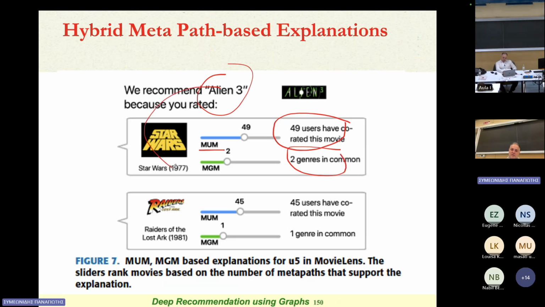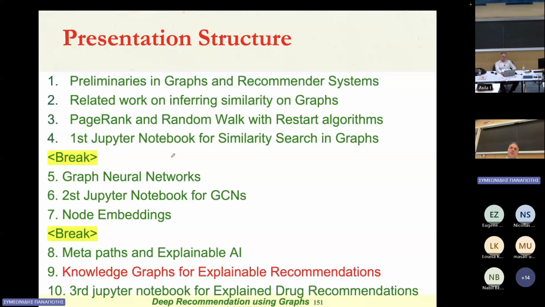This Alien movie with the Star Wars movie that you have interacted with in the past. Okay, so you have a lot of explainability power in your recommendations by using these metapaths. Of course, these metapaths in medicine are called pathways. Okay, so they call them pathways.